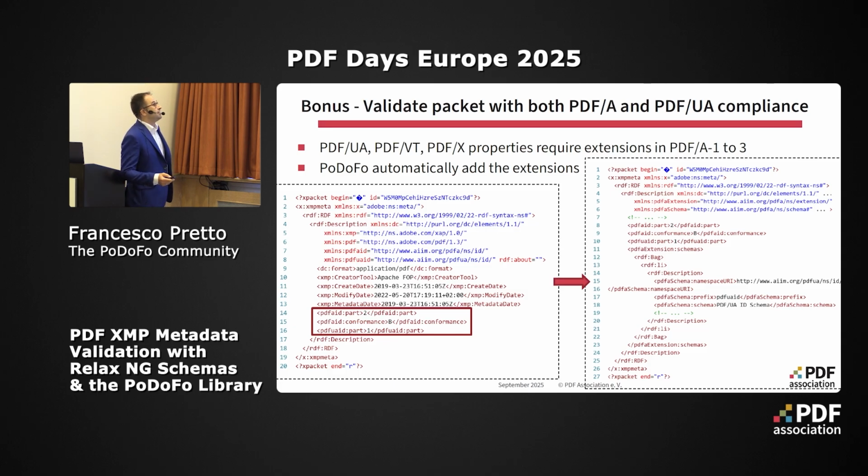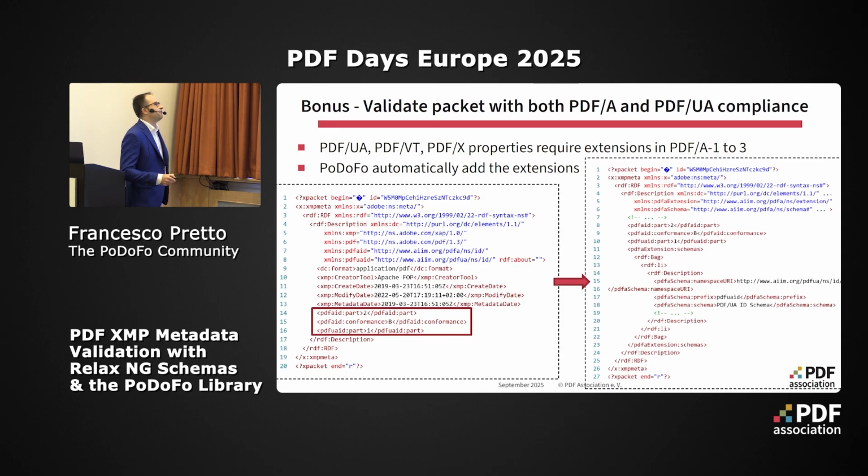As a bonus slide, because you have bonus stages which are easy, we also have a bonus slide which is just ensuring that PDF/A and PDF/UA compliance will be handled correctly together. Because this is also, as I was telling, the topic of the year.